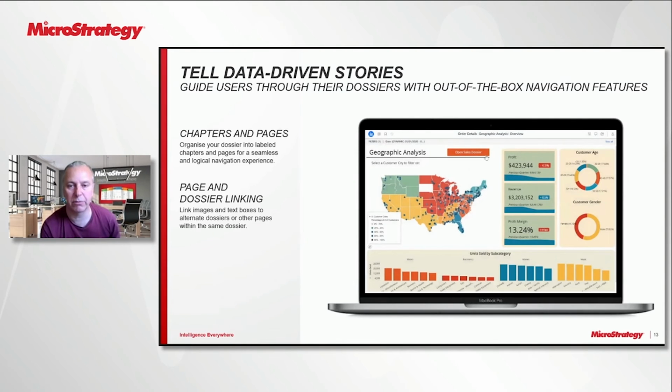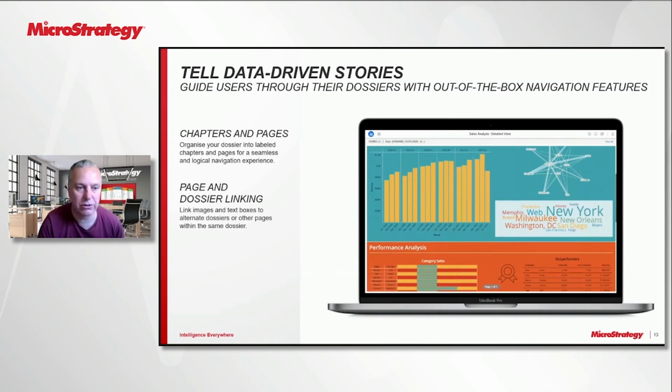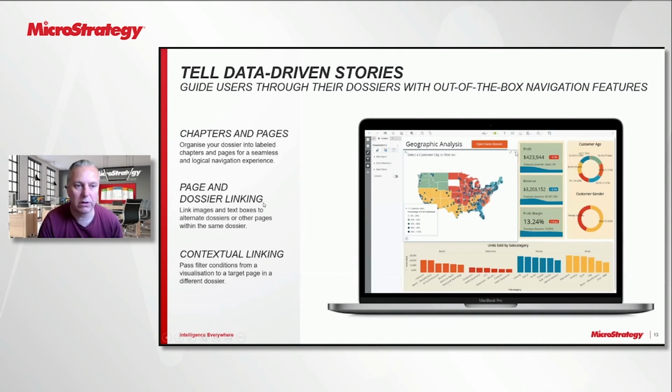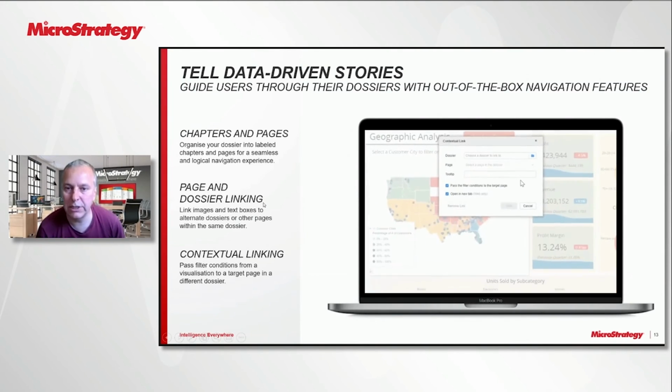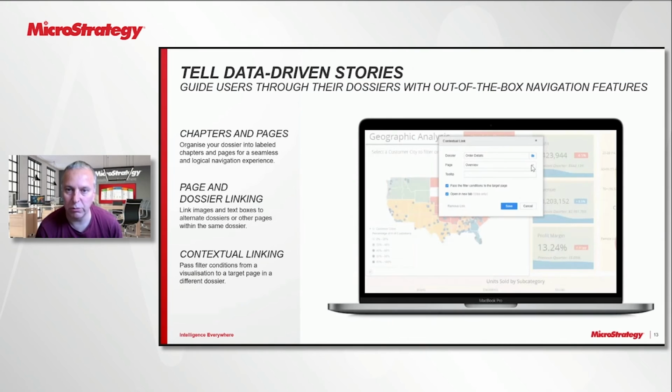If you've filtered on something on the source dossier, then that filter can pass across to the target dossier as you move along. The contextual link was a similar thing, but this time it passes the filter when choosing the objects. So they're going to a different page and they've got the pass filter conditions selected.